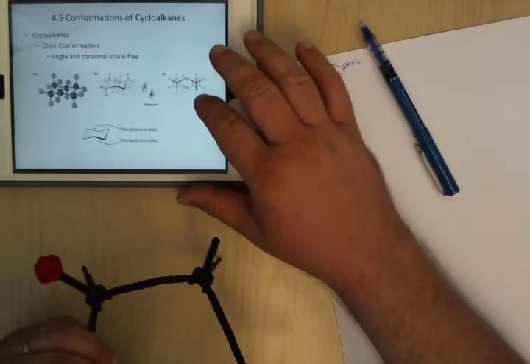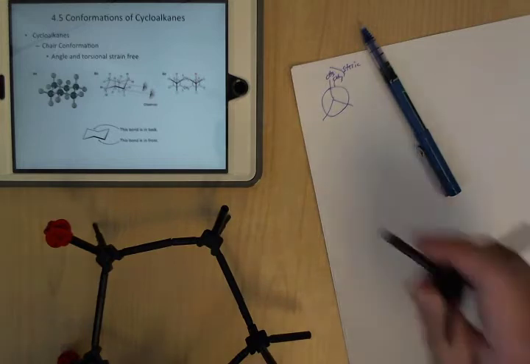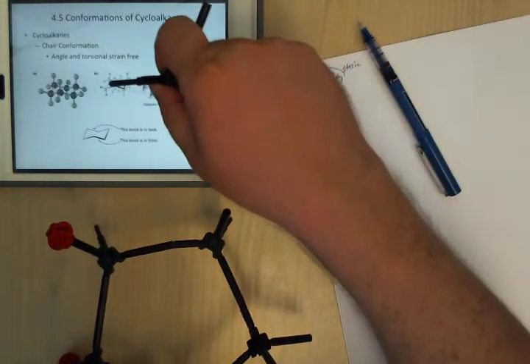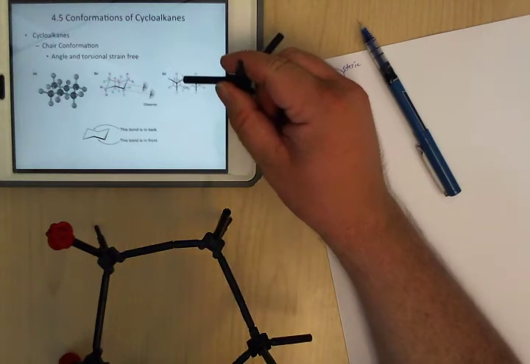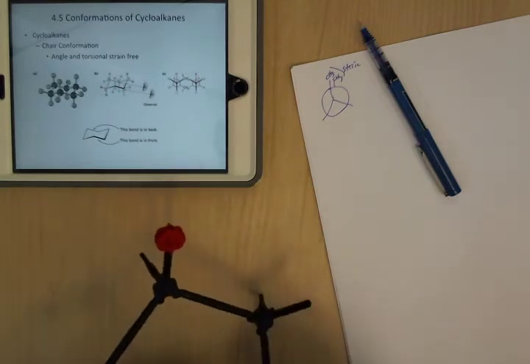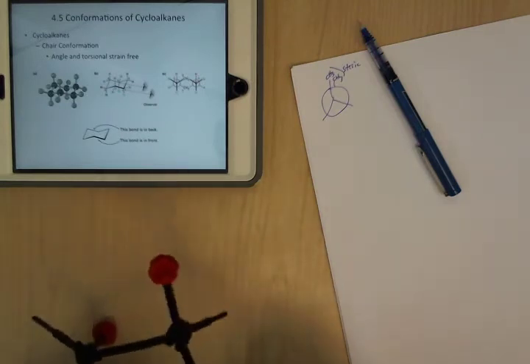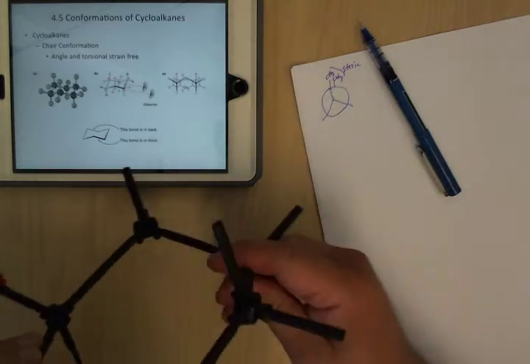But when you get to cyclohexane, now things become very pretty, because now everything is staggered. If you look down these two, everything is staggered. You're not really going to have much of that gauche interaction, and I'll show you why. So when you go here, you're looking down the bond.